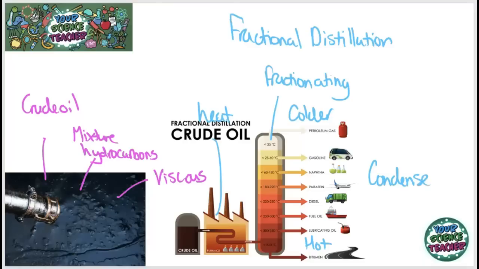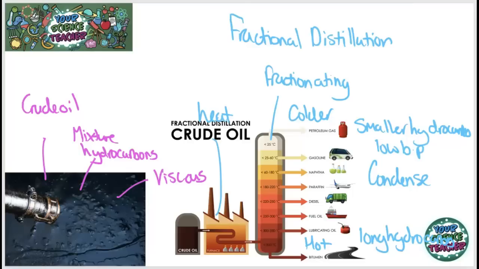My long hydrocarbons with a really high boiling point, they condense at high temperatures. My smaller hydrocarbons with a much smaller boiling point, they condense here, and after they've been collected, they can be used for their different functions.